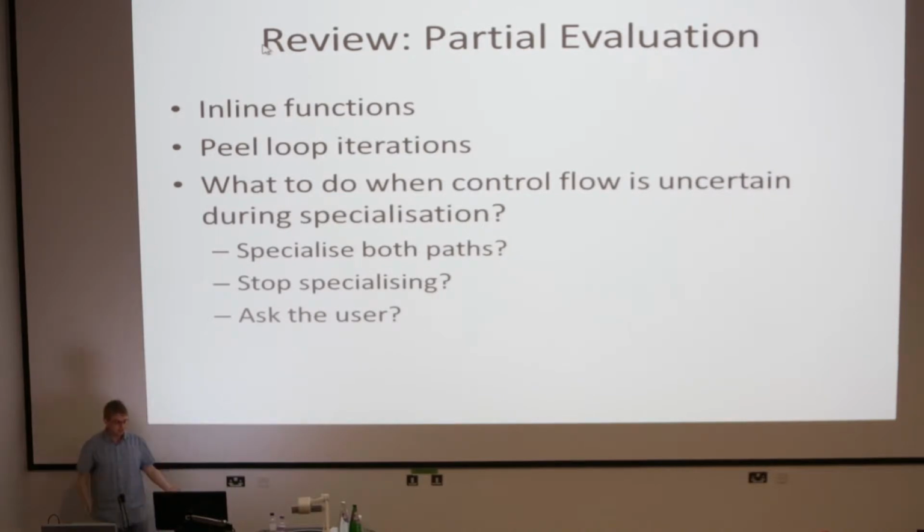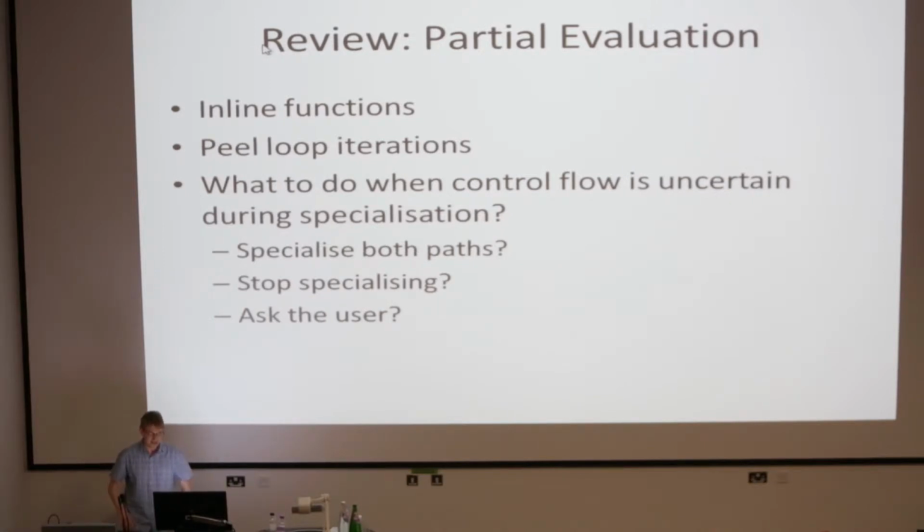So basically, what we're going to end up doing is inlining a lot of functions. We're going to end up peeling a lot of loop iterations in order to extract opportunities for really aggressive constant propagation, really aggressive linearization of control flow whenever the opportunity presents itself.